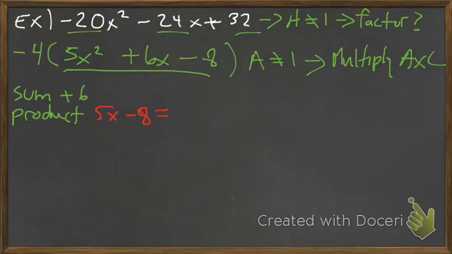So this might be a bit more difficult. Negative 40. What two values, when multiplied together, give me a product of negative 40, but a sum of positive 6?